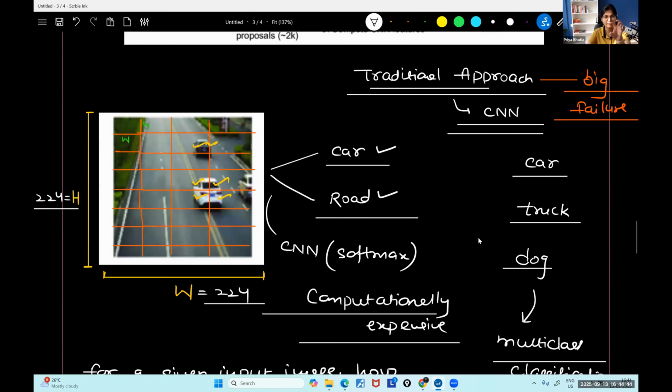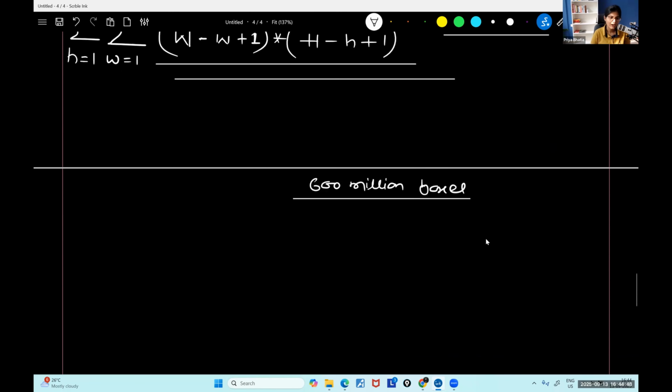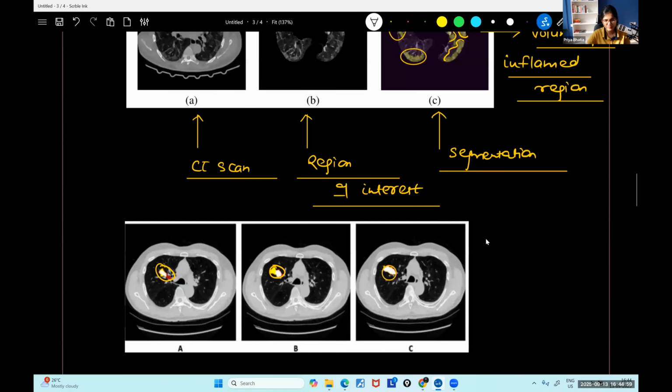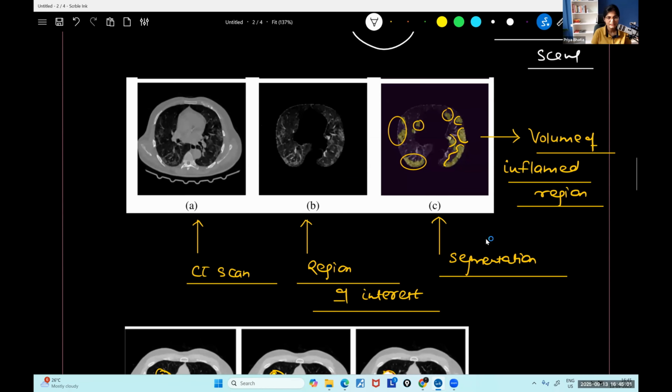Why not focus only on those specific regions which are of interest? For example, a few minutes back, I gave you one research paper of mine as an example, that there are multiple possibilities, but we know that these actual regions are not of interest to us.